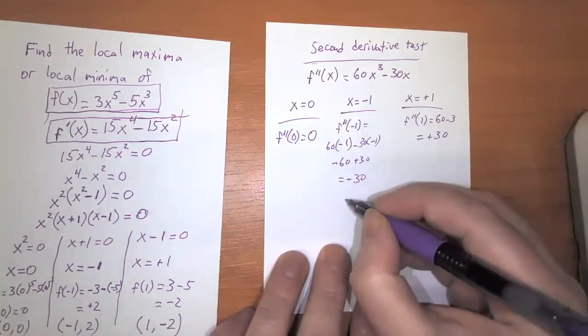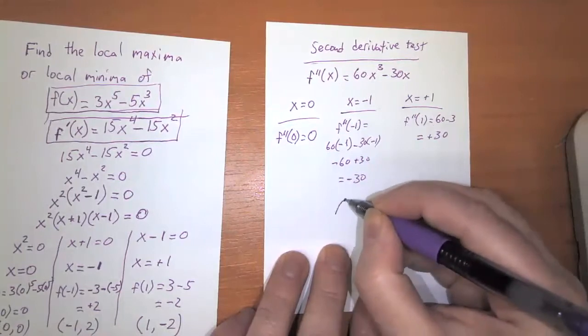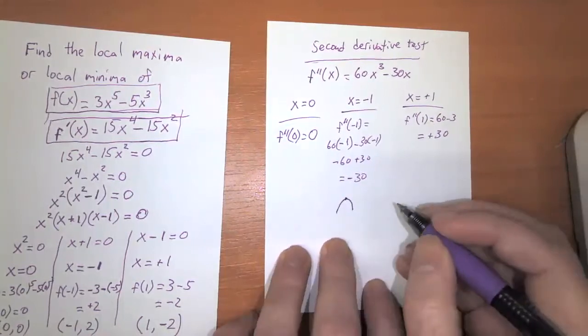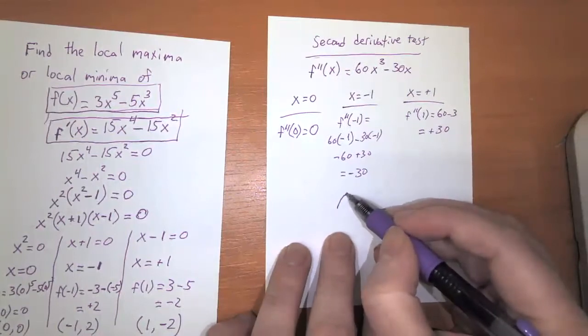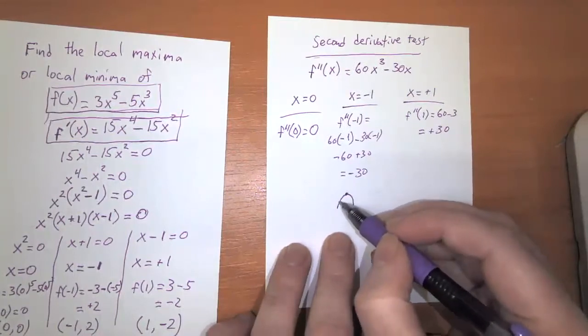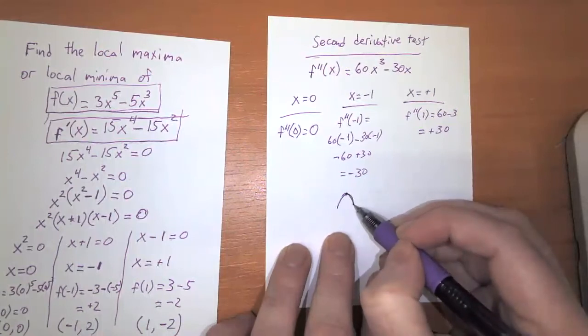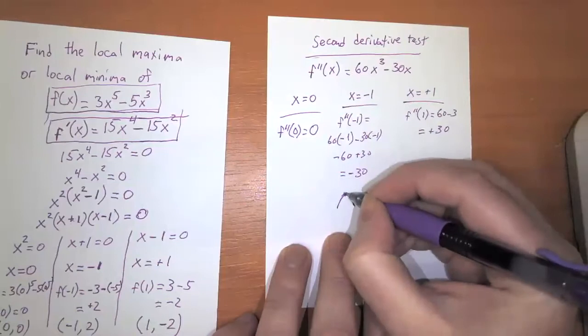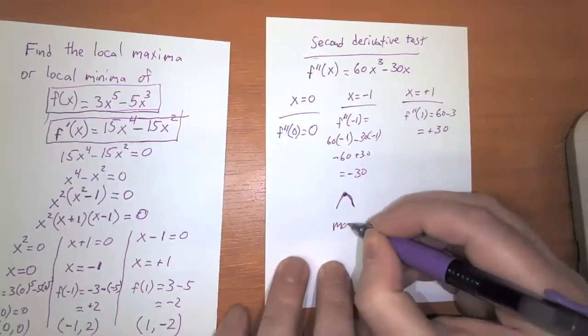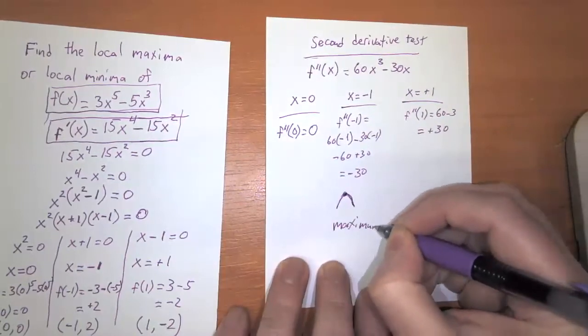So around -1, it's got to be part of this sad shape. Okay, so I know that it's a turning point, and if it's got this frowny shape, then that means it's negative on both sides. So I can tell right off the bat that that is a local maximum.